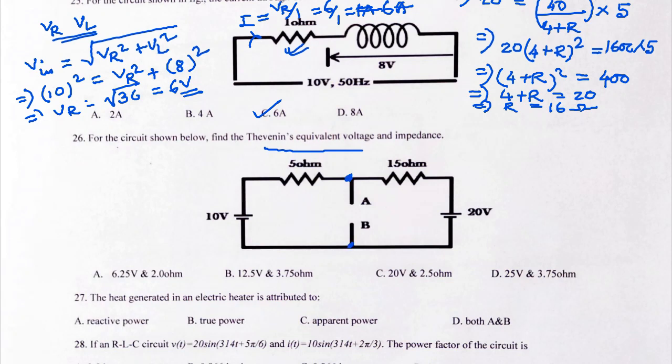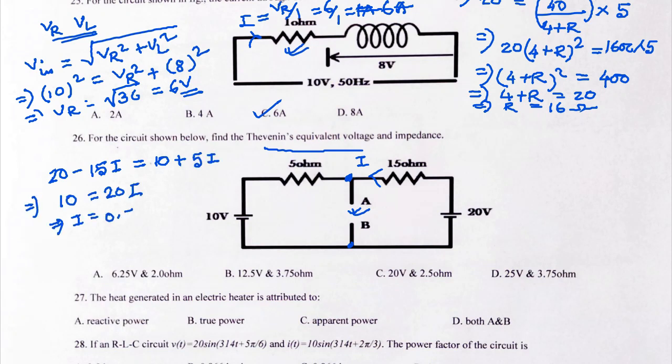If the current is flowing like this, then the voltage at this point will be 20 minus 15 into I, which will be the same as 10 plus 5 into I. So you will get this I to be 0.5 ampere. So basically this VAB will become 20 minus 15 into 0.5, that is 20 minus 7.5, which will give you 12.5 volts. So this is your Thevenin equivalent voltage or VTH.